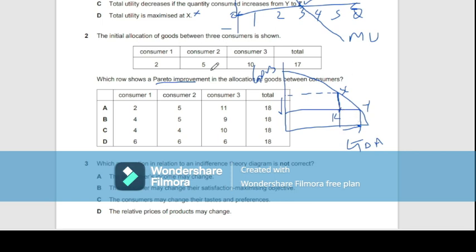So, in a nutshell, we can make any of these three consumers better off without making any of them worse off.